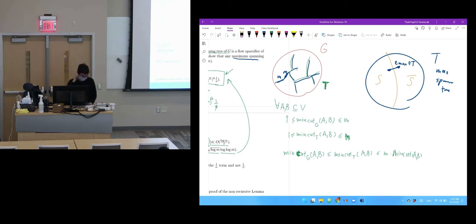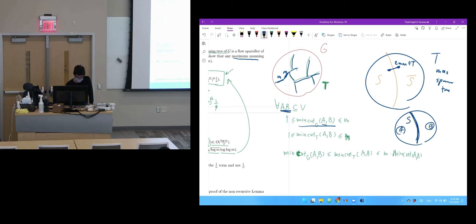So what does it mean here? It means that if you look at any A and B, the min cut between A and B will correspond to some cut.